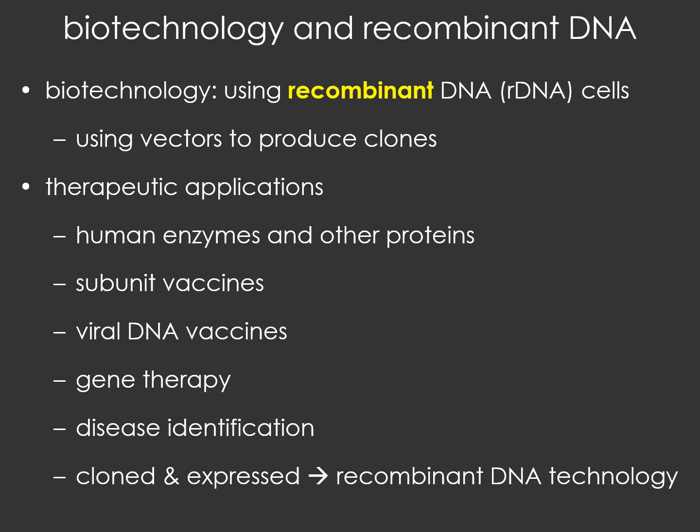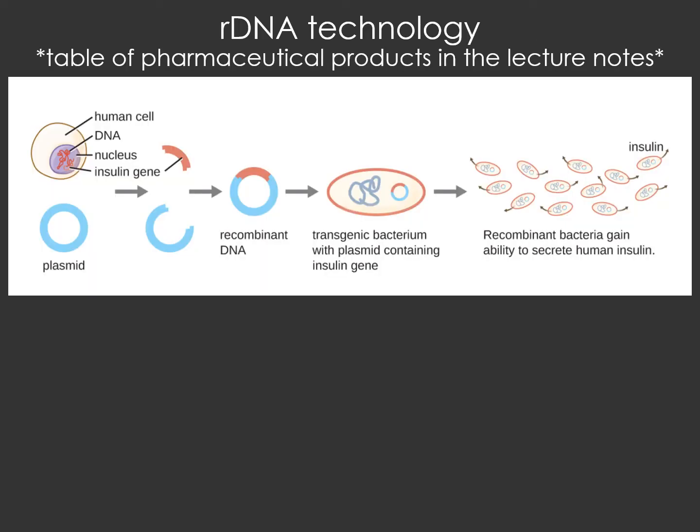Recombinant DNA technology is the use of in vitro produced recombinant cells in order to make some therapeutic or industrial product. If you're interested in some of the pharmaceutical products that are produced as a result of recombinant DNA technology, there's a table in the lecture notes that you can access.